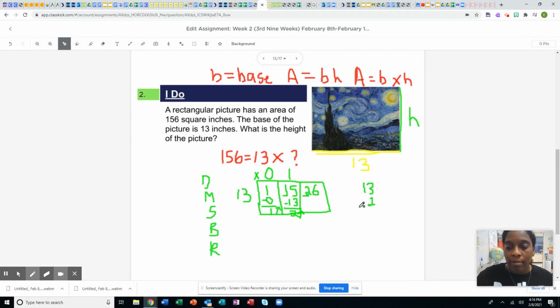I'm going to do 13 times 2. 2 times 3 is 6. And 2 times 1 is 2. Okay, so 13 goes into 26 2 times, because that's my 2 here. 13 times 2 is 26. I subtract and I get 0.